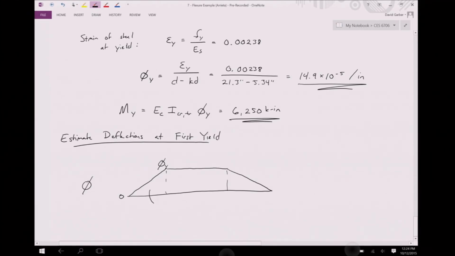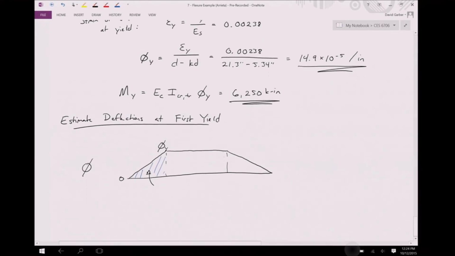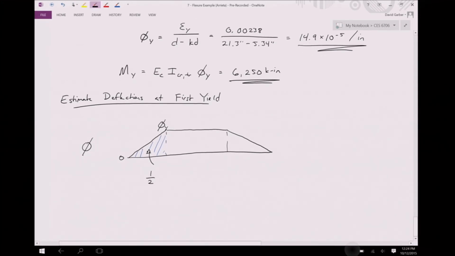So we'll have an area of this triangle is going to be 1/2 phi times 56 inches, and our centroid is going to be 2/3 times our 56 inches.